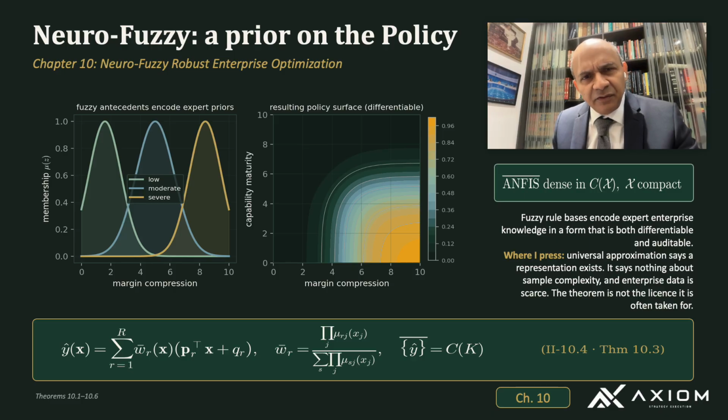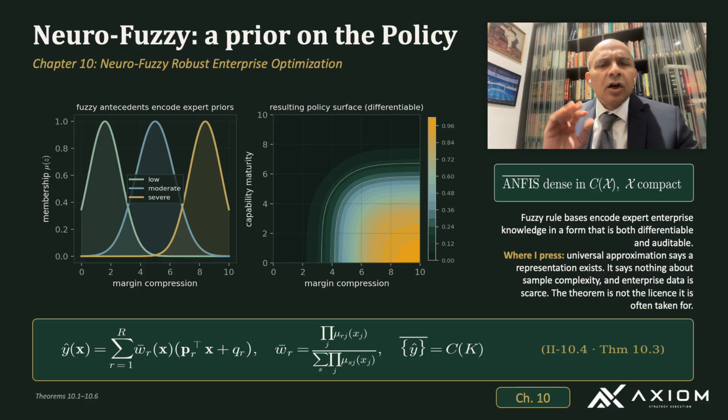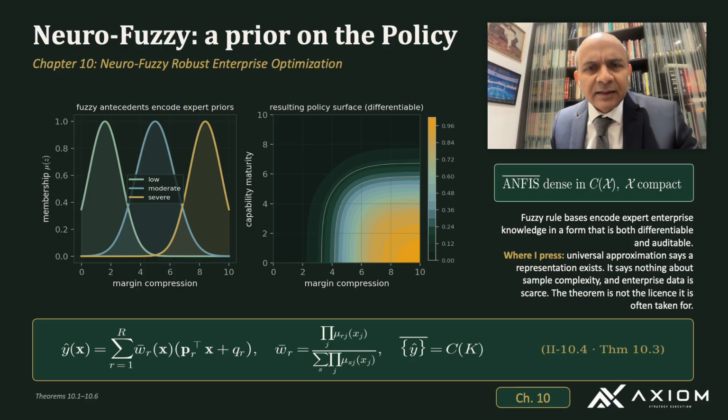Theorem 10.5, convergence of enterprise ANFIS hybrid learning. Under the stated hybrid learning and step size conditions, ANFIS training produces a non-increasing convergent loss sequence, and every accumulation point is a stationary point of the reduced learning objective.